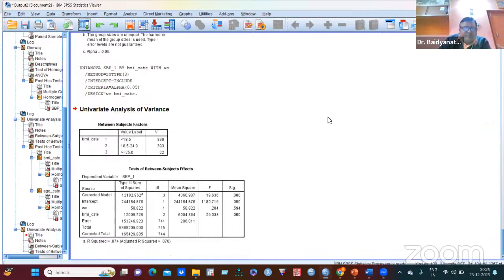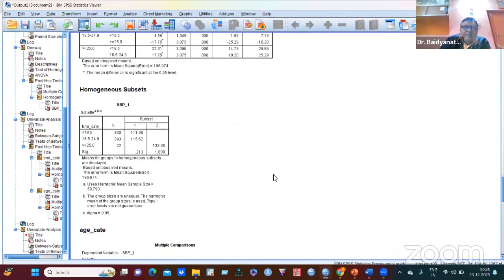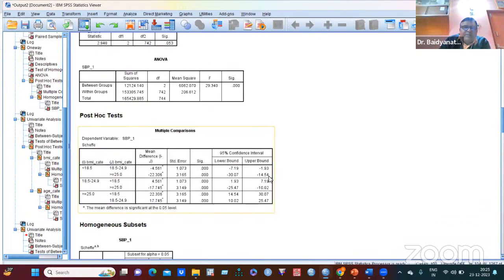Got the value. So check here. WC, that means waist circumference. This is not significant. That is, waist circumference has no significant effect on the systolic blood pressure, and BMI also. So after eliminating the slight effect, the F value is 29.03. Our previous value was 29.33. Since there is no effect, that's why the value may be constant.